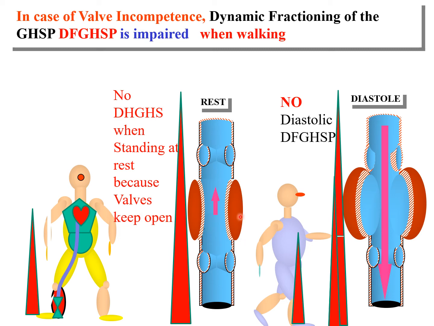On the contrary, in case of incompetence, when you walk, as the valves are destroyed and don't close during the diastole of the valvo-muscular pump, you have no fractioning. So the pressure remains too high.